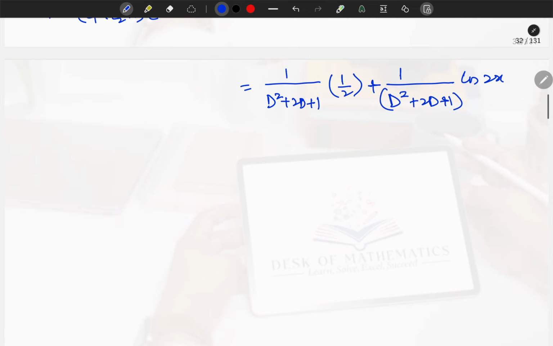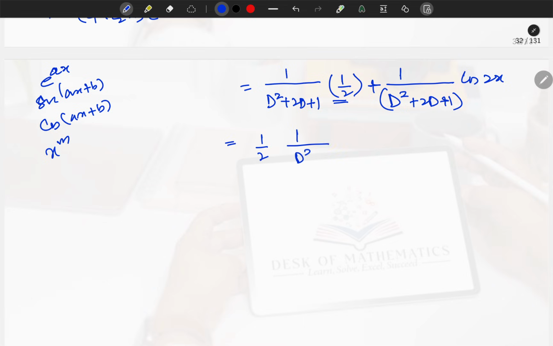Now, you have the case with e raised to the power x, the case with sine of ax plus b, the case with cos of ax plus b, and the case with x raised to the power m. So we will convert it into e raised to the power ax, that will be easy. So 1 by 2 common, we will do 1 by D squared plus 2D plus 1 into e raised to the power 0x, that is equal to 1. So now 1 by D squared plus 2D plus 1 cos of 2x.